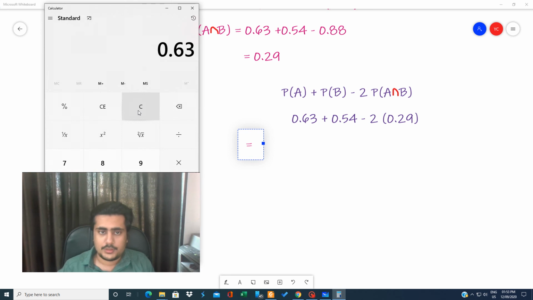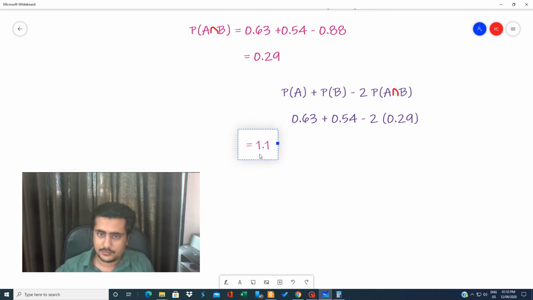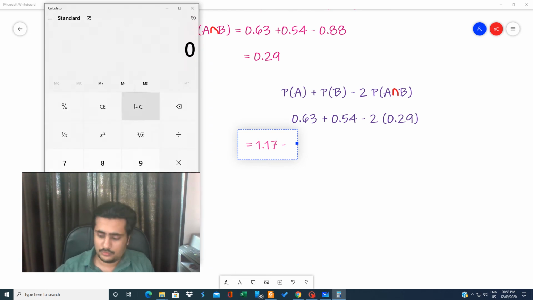So 0.63 plus 0.54, that is 1.17, minus 2 into 0.29, that is 0.58.